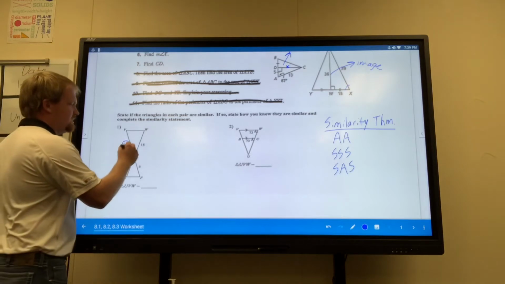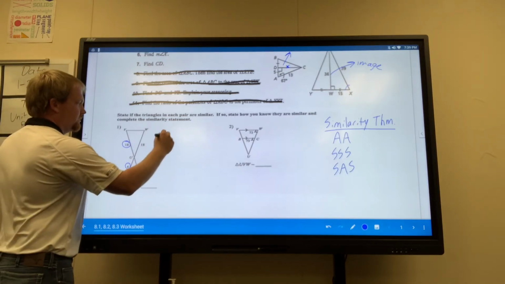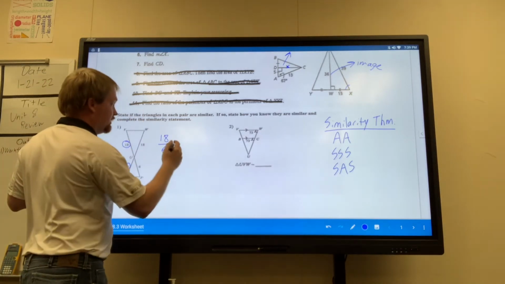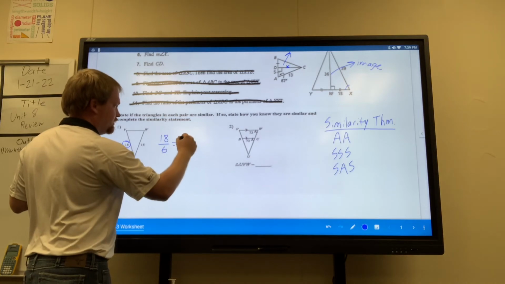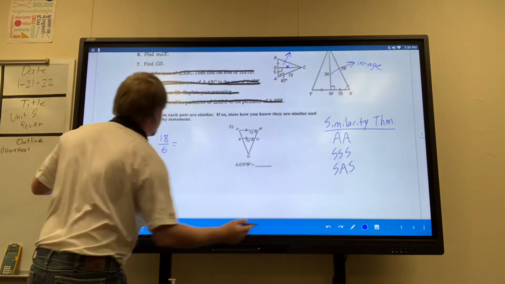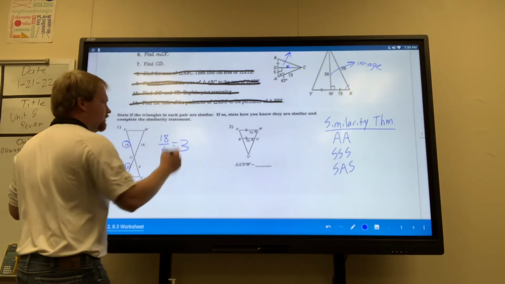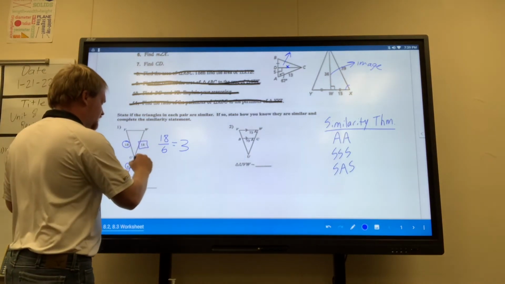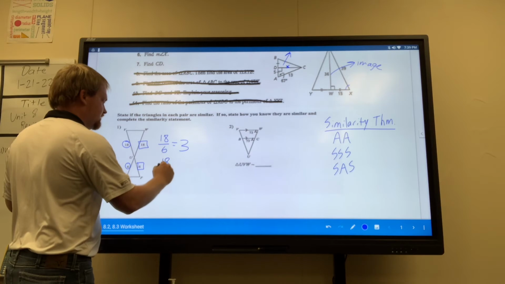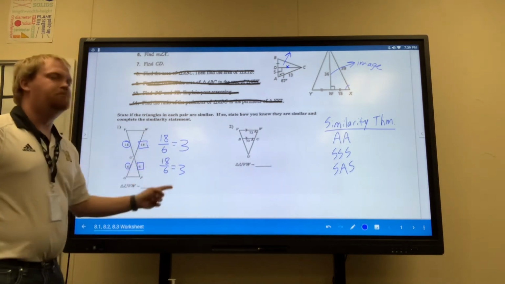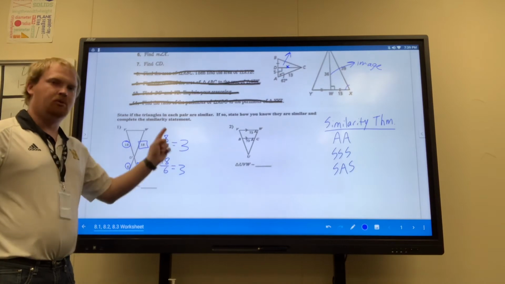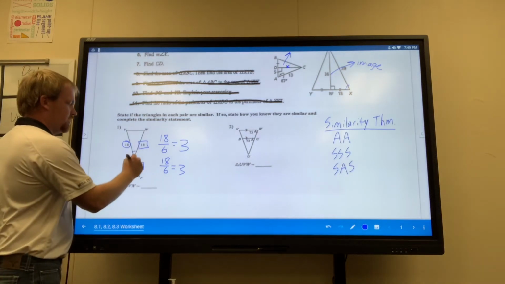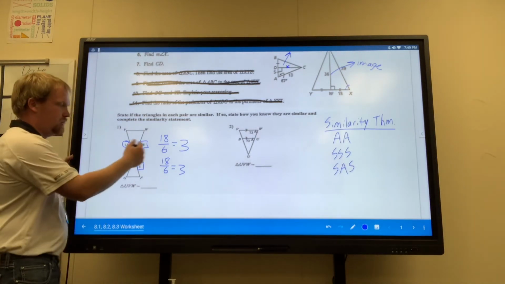Here, let me give you an example. Let's say I have an 18 and a 6 here. So I want to do 18 over 6. If I simplify that, I can divide by 6, my fault, so that gives me 3. And the other pair also gives me 3. Since they're both the same, they're proportional to each other. So this works. But I have to make sure that the angles here, which are vertical angles, are in between.